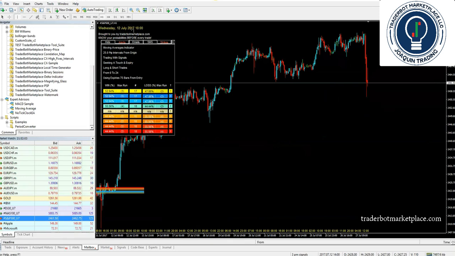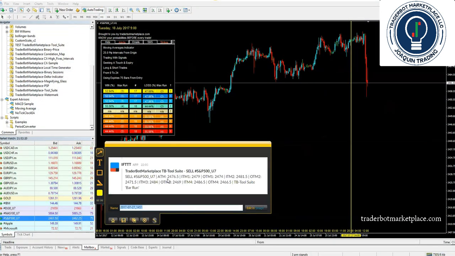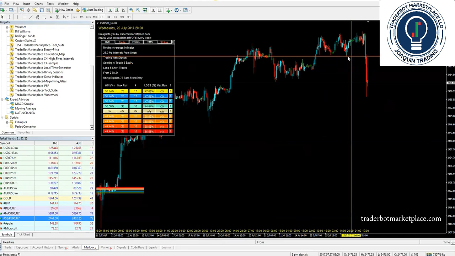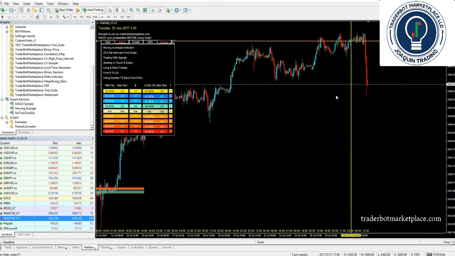I'm looking at my local time generator up here, hovering over and going back to 2200 last night. I'm going to draw a line there. That's where the signal came out. Now, where's the ATM line? 2476.5. Okay, there was my signal right there.